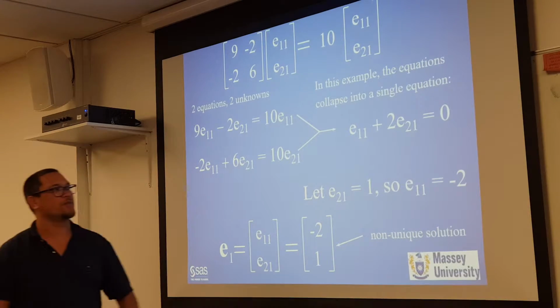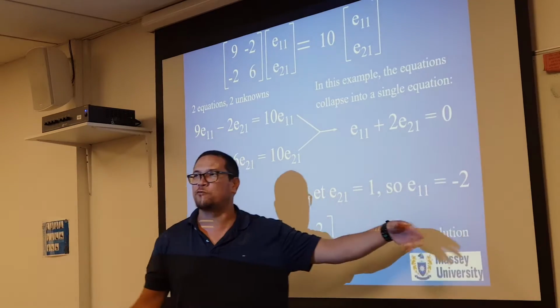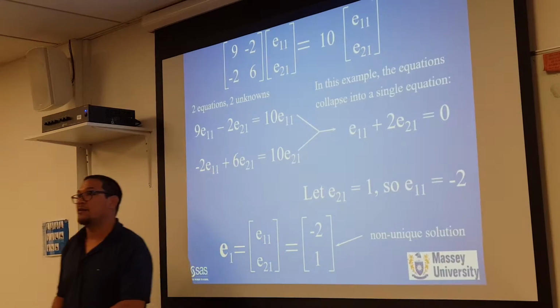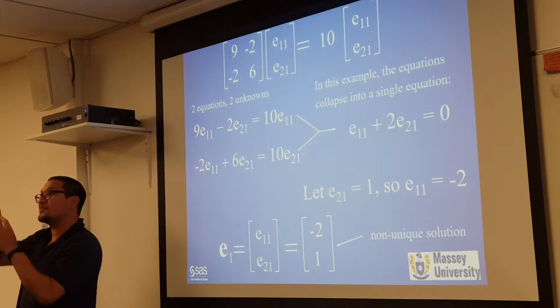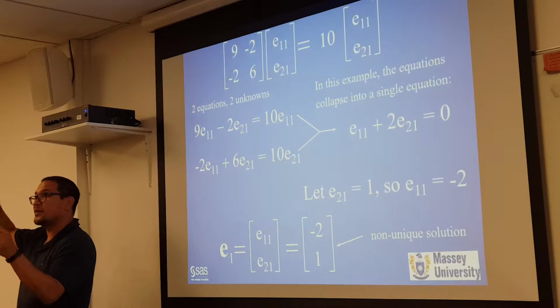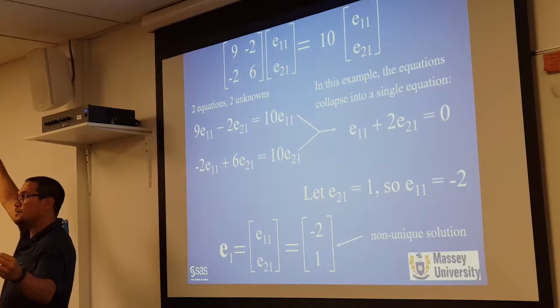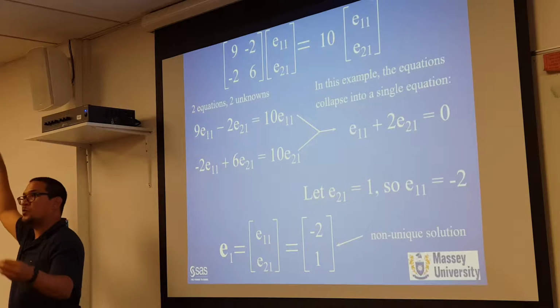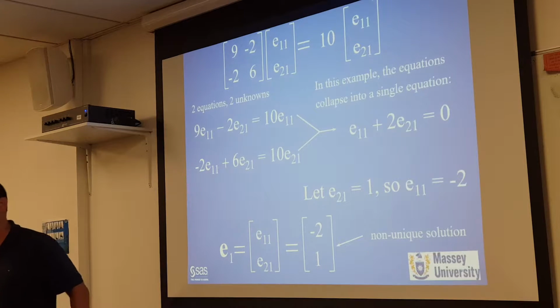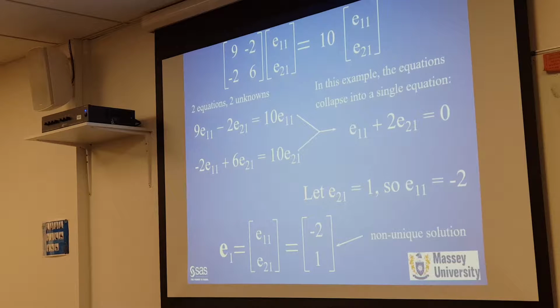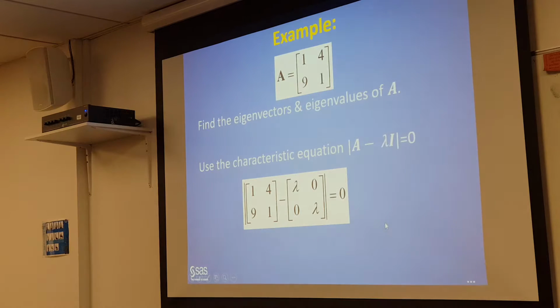That could have been 2 and negative 4, and it's the same vector. It's the direction. The actual length of that vector is determined by lambda itself, but the direction is just the relationship between E21 and E11. So it is a non-unique solution, but all the solutions do lie on that same vector.